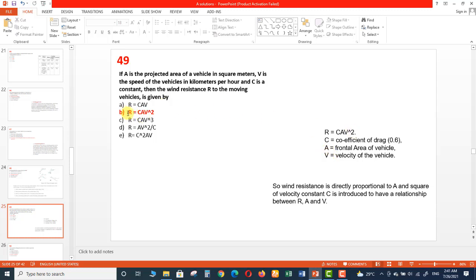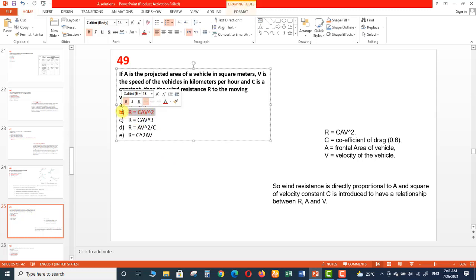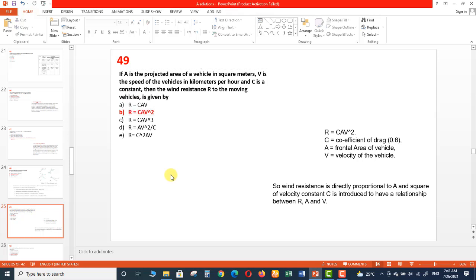So option B has these two right conditions, right? R is directly proportional to area, and R is directly proportional to the square of the velocity, and C is introduced to give a relationship between these three variables: resistance, area, and the velocity. So option B is the right formula to find the wind resistance R to the moving vehicle.